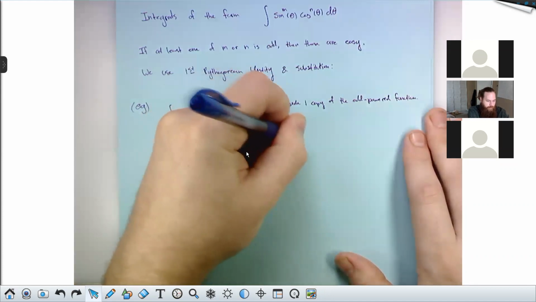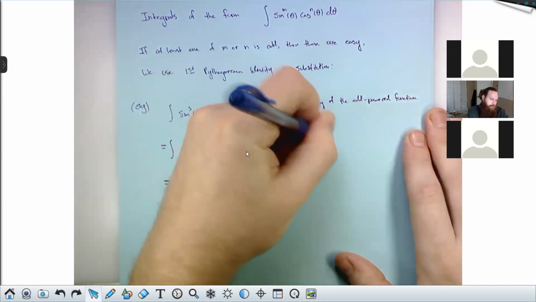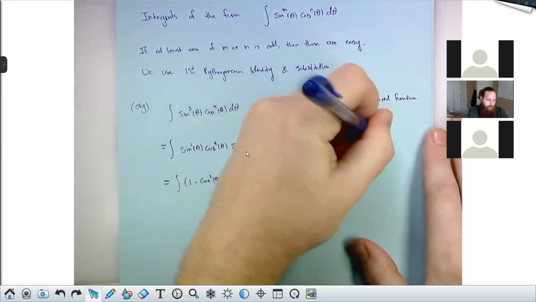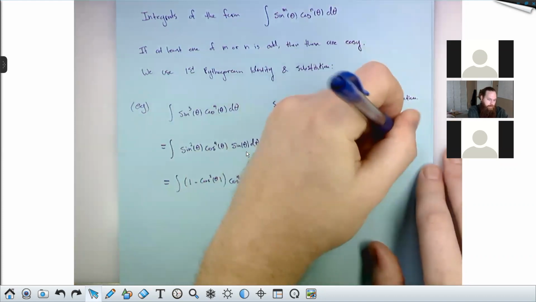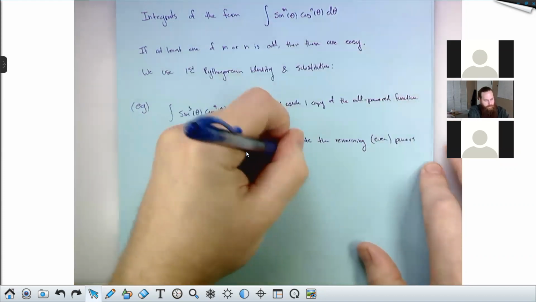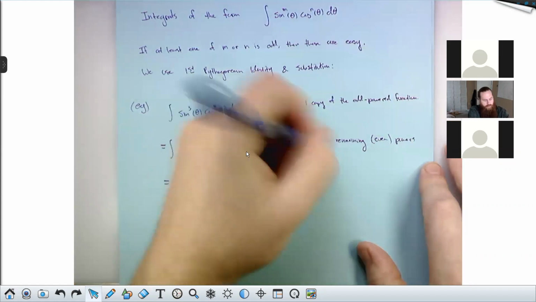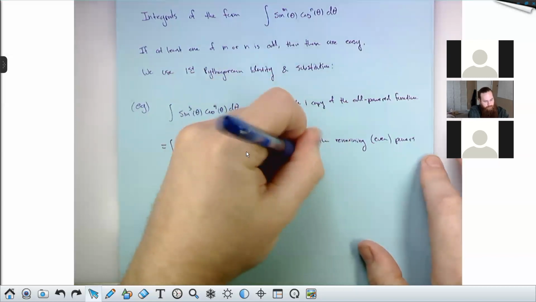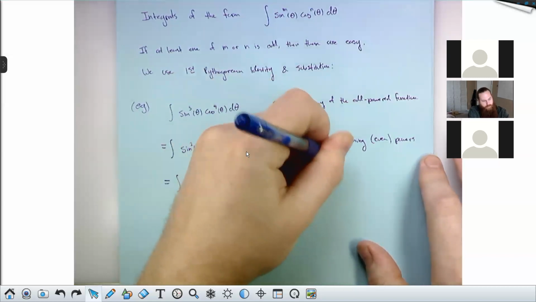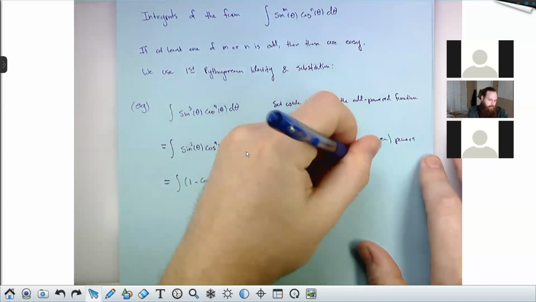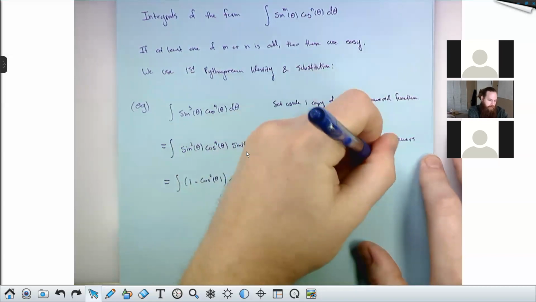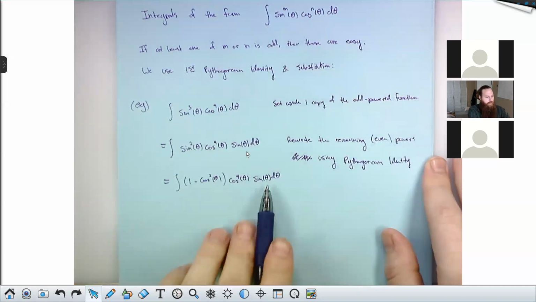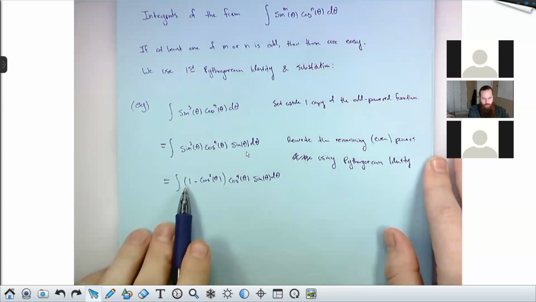So then we rewrite the remaining even powers of the at the start odd powered function using the Pythagorean identity. And now that I'm here, I can substitute for cos theta.